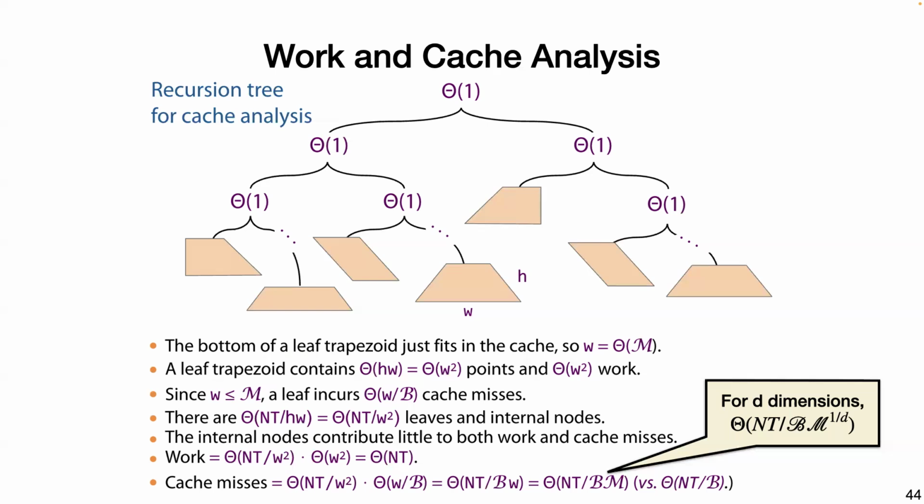So that is number of leaves, nt divided by w squared, times cache misses per leaf, w over b, and that gives you nt divided by bw. And then since w was set to m, this is nt divided by bm, which is a factor of m better than what we had previously. Previously, we just had b in the denominator when we did the looping. Now we get an extra factor of m in the base.